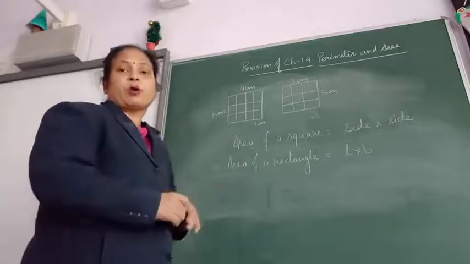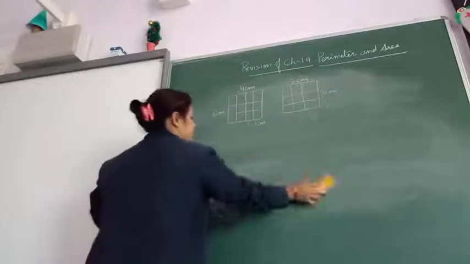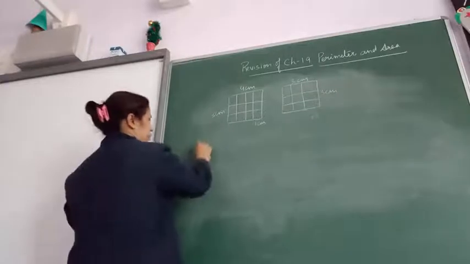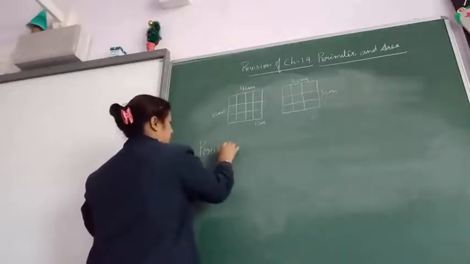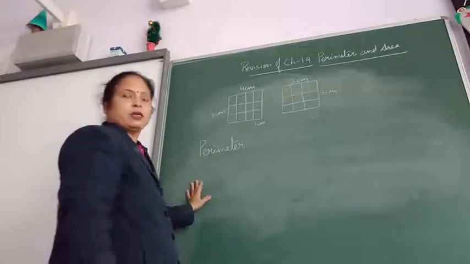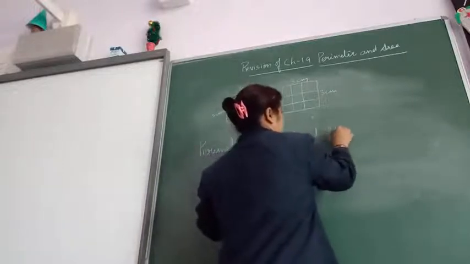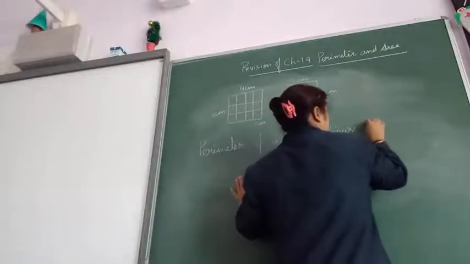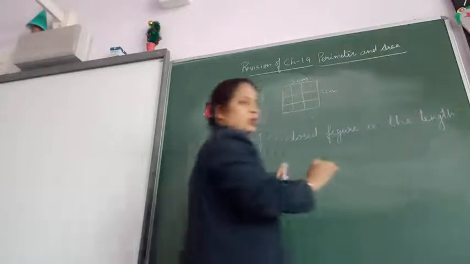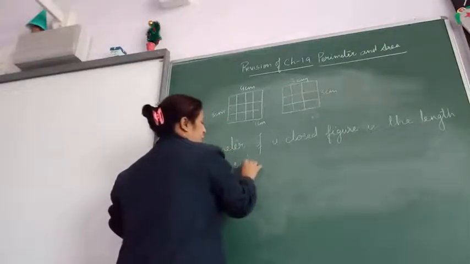Now we are going to discuss perimeter, children. What is perimeter? Now children, the perimeter of a closed figure is the length of its outer boundary.